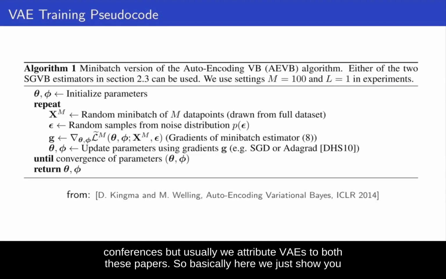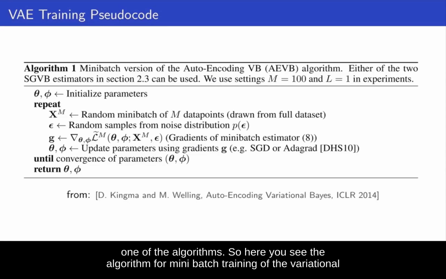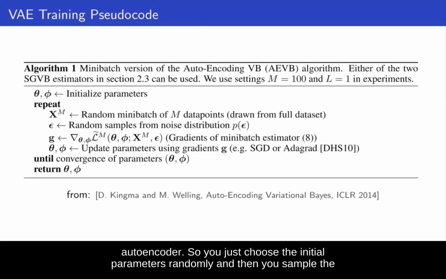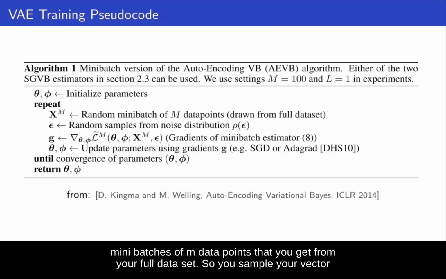So here we just show you one of the algorithms. Here you see the algorithm for mini batch training of the variational autoencoder. You choose the initial parameters randomly, and then you sample mini batches of m data points from your full data set.